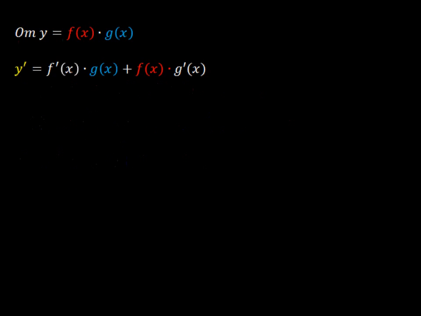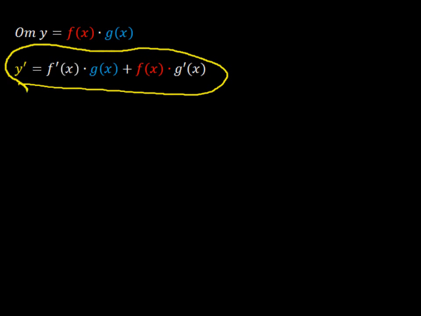All right. So now that we have the rule and what to do, we can clean it up and just say this is how we will treat it in order to get y prime when y is f of x times g of x.